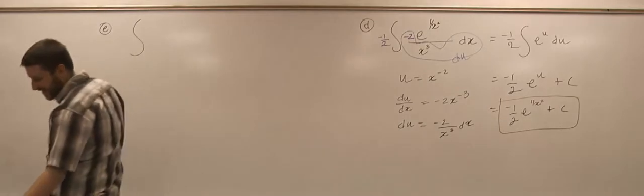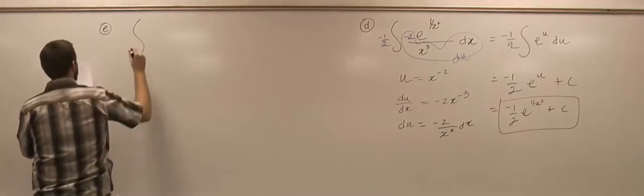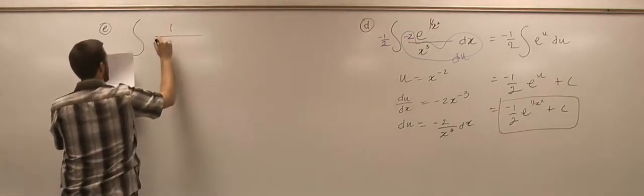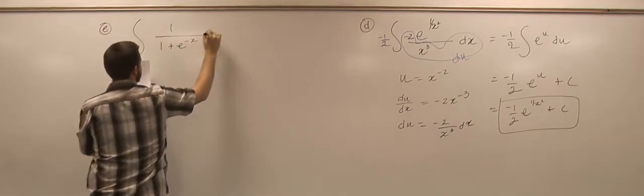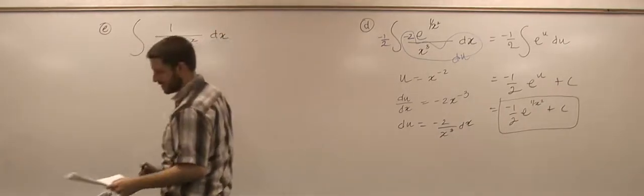So example E is the integral of 1 over 1 plus e to the negative x dx.